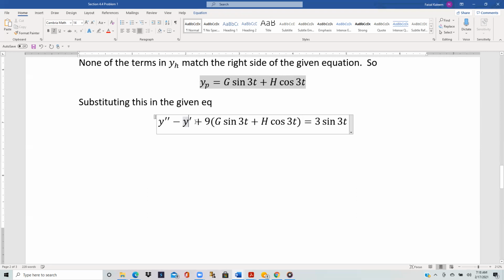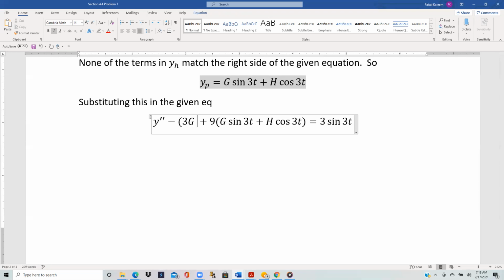So instead of y prime, we substitute the derivative. The derivative of g sine 3t will be 3g cos 3t.